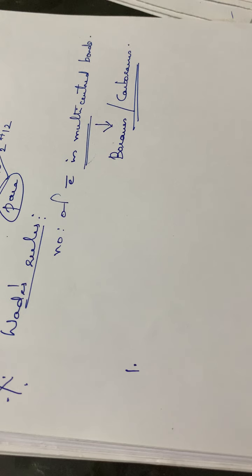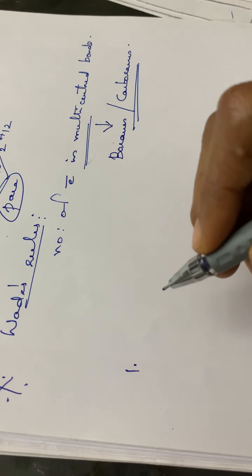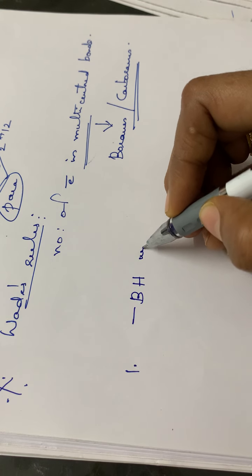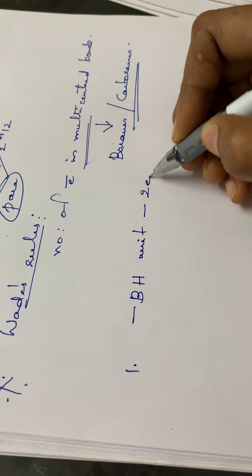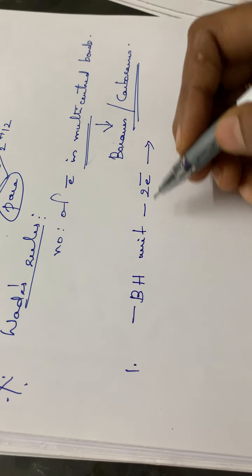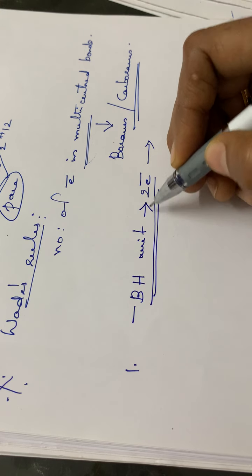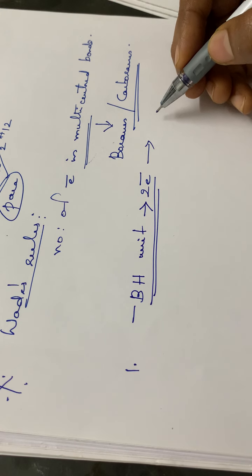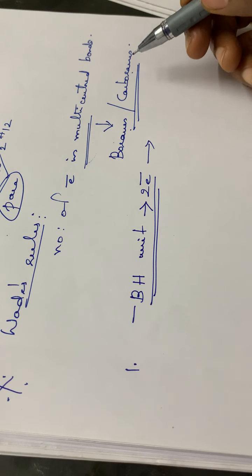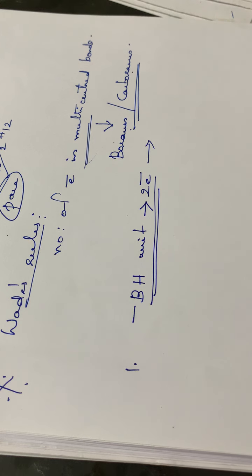The first point is that each BH unit will be contributing 2 electrons to the skeletal bonding in the borane or carborane. So this Wade's rule we can apply in common to both the cases, boranes as well as carboranes. If one BH unit, we can consider it as 2 electrons.